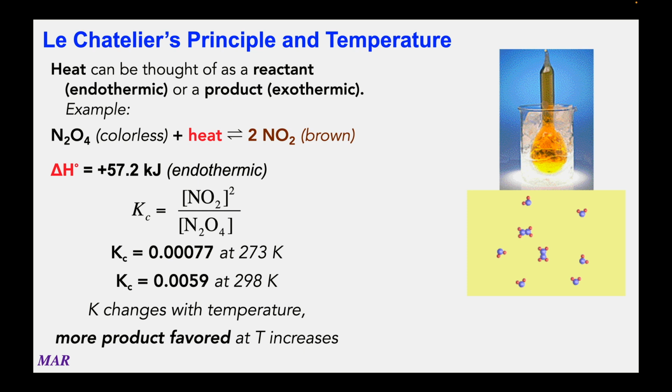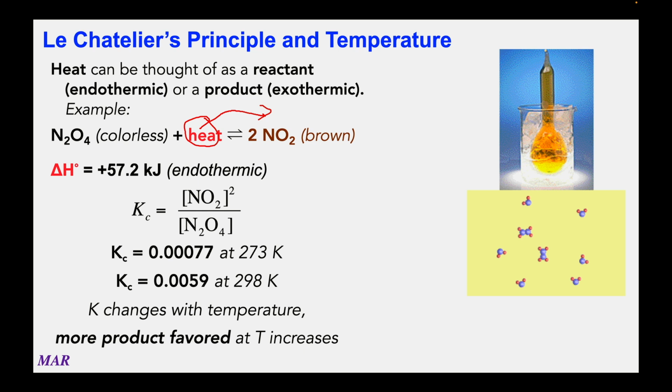But notice the change to the equilibrium constants. At 0 Celsius, freezing of water, it's 0.00077. And then at 298, which is roughly room temperature, 0.0059. So in this case, as you go from 273 to 298, you're essentially adding heat, all right? And in that last blurb on the last slide, it says as you add something, the reaction will shift to the product side.